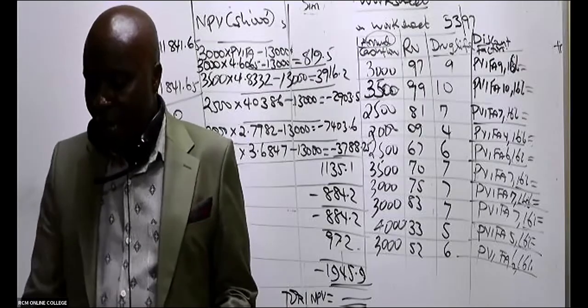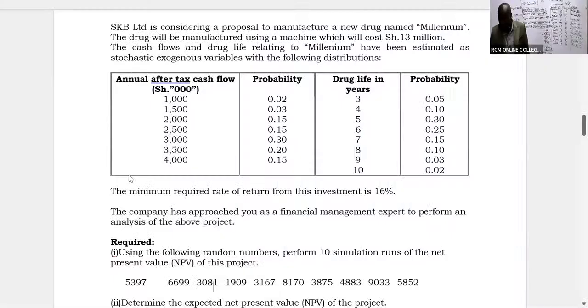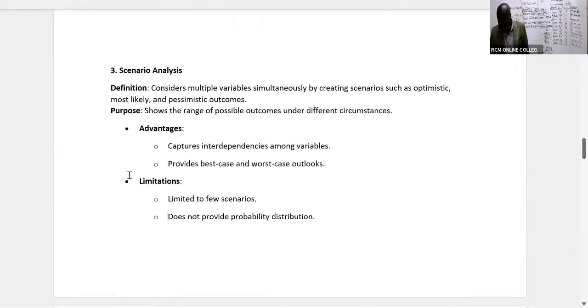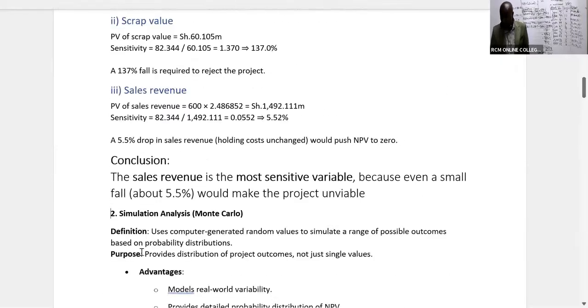Thank you so much. And please don't forget to read some of those small things that I normally share with you here. In this very same handout, you can see where they're discussing the advantages of simulation.